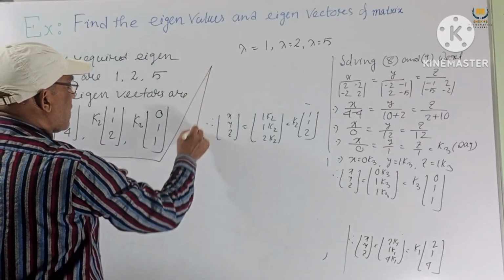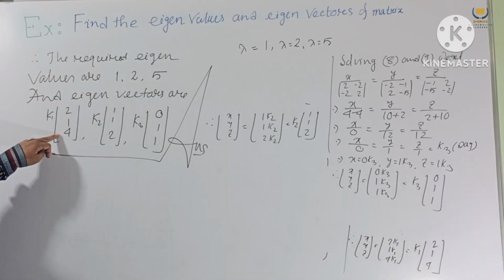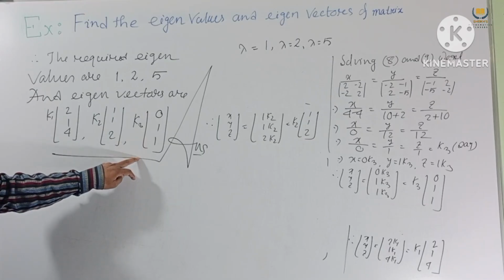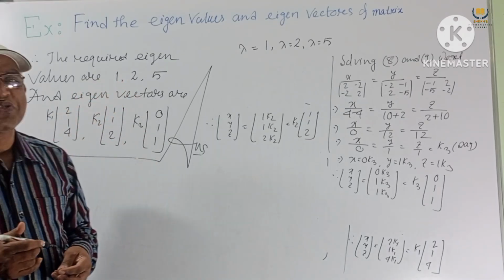So these are the eigenvectors 2 1 4, 1 1 2, and 0 1 1, and eigenvalues are 1, 2, 5. This is the complete solution.